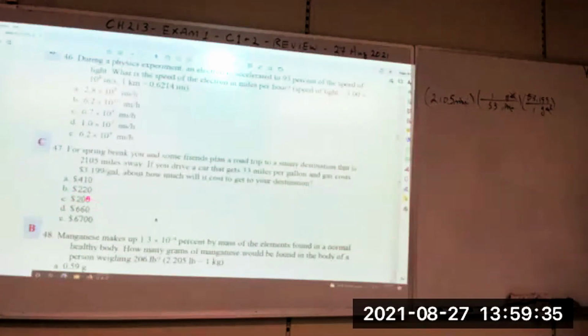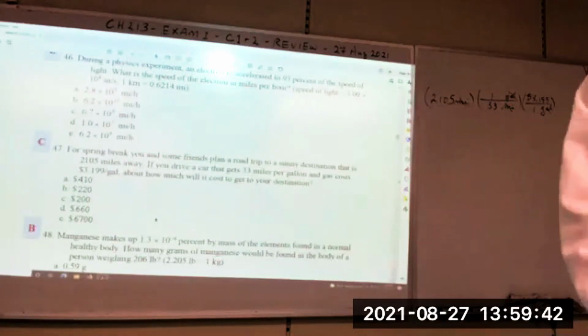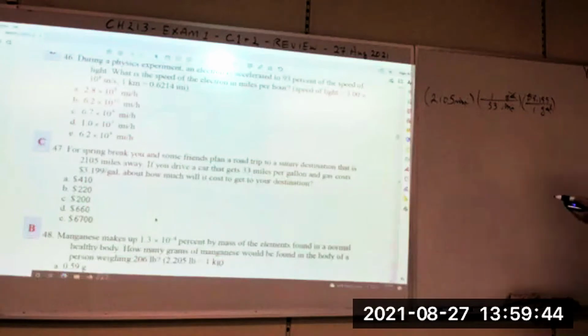So we're saying it's about $200, which means that the exact calculation here, and I'm curious now, 2,105 and 33 divided into it and times 3.199 is 204 exactly. Actually, 204.06.